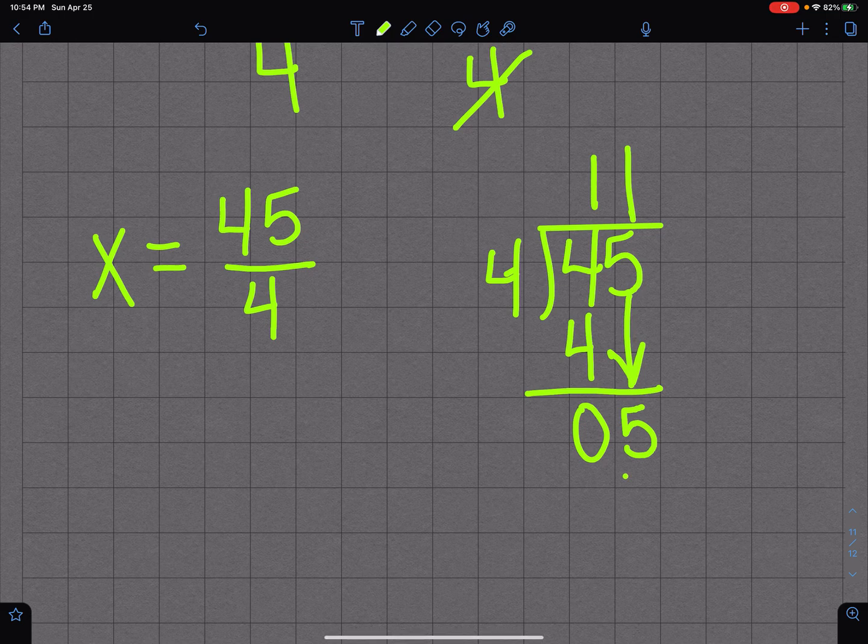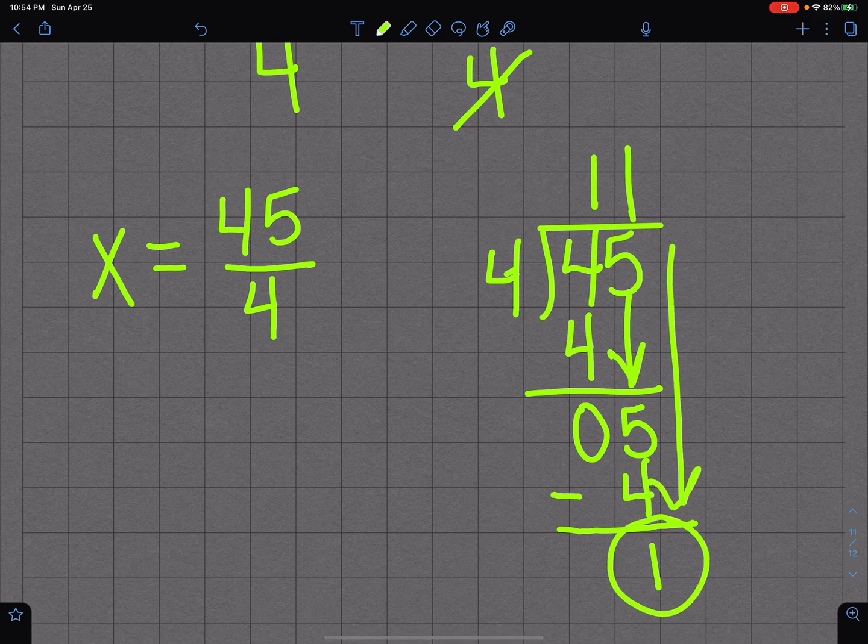And then 1 times 4 is 4. Subtract. I've got a 1. I've got nothing to bring down, so this is just my remainder. So I write that like 1 over 4 because I took that remainder of 1 and then I took this 4 here. And then I've got 11 and 1/4.